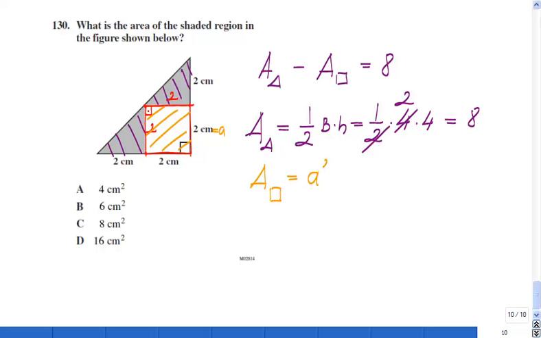If one side is a, the area will be a squared, which in this case is 2 squared, which equals 4. If you take 4 units away from your 8, you will be left with 4 square centimeters, and the answer for this problem is 4.